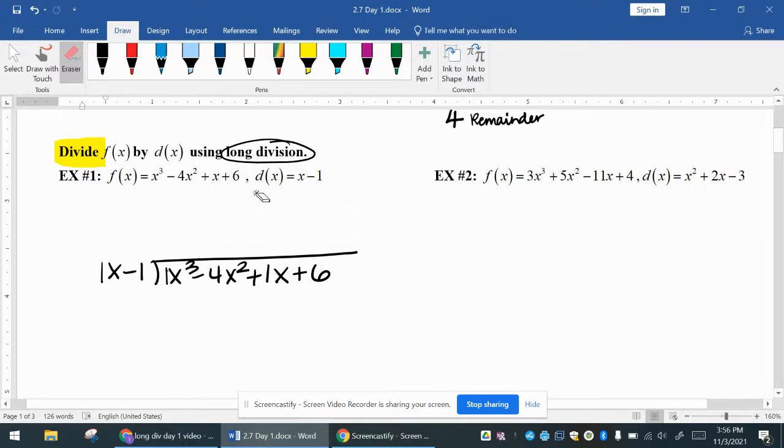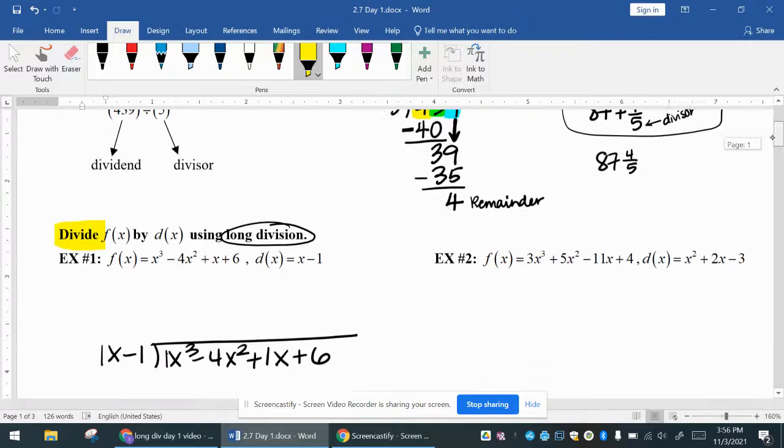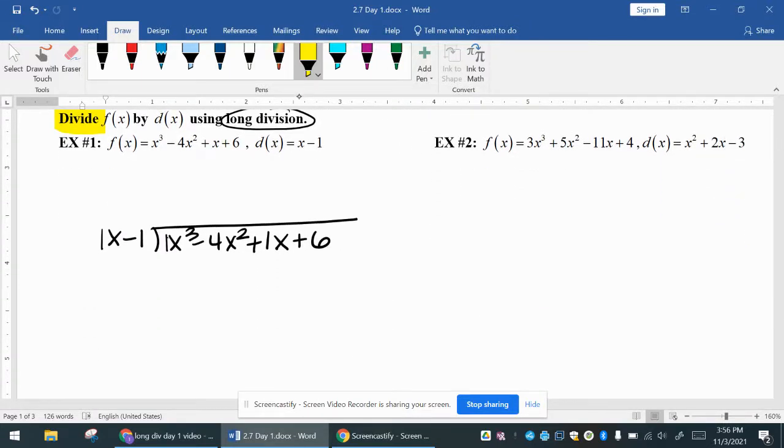Okay, so you're going to look at the different terms, the way we broke down 439 when we were dividing. You see I color-coded those. So we're going to focus right now on just the x cubed, the leading term of the dividend. And I'm also going to focus on just the leading term of the divisor.